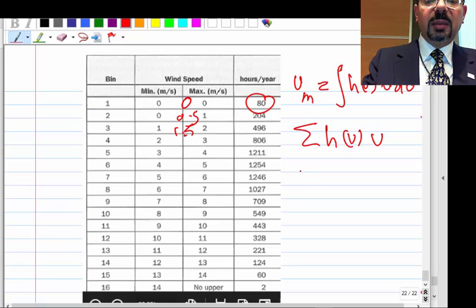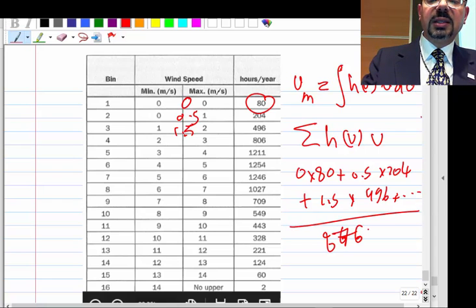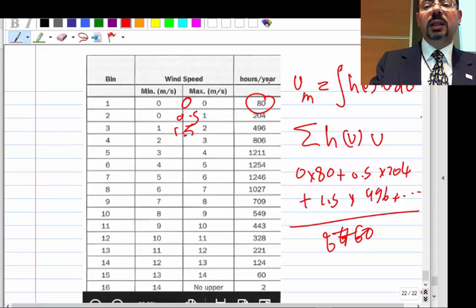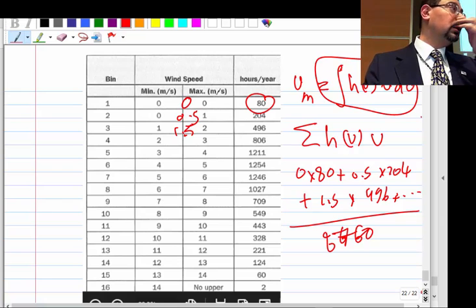So if you multiply 0 times 80 plus 0.5 times 2.04 plus 1.5 times 496 and so on, divided by 8760, you will come up with the V mean, and it will be as if you did the integration with the function. Okay, that is the average velocity.